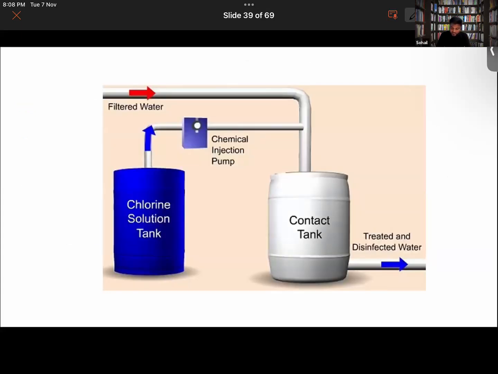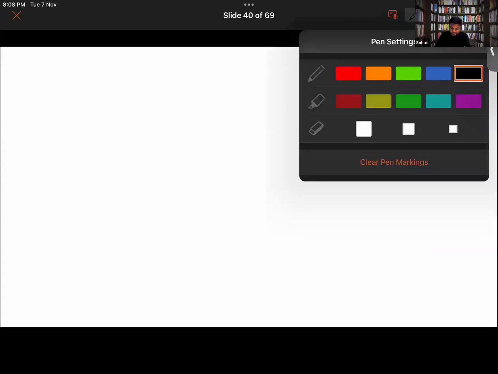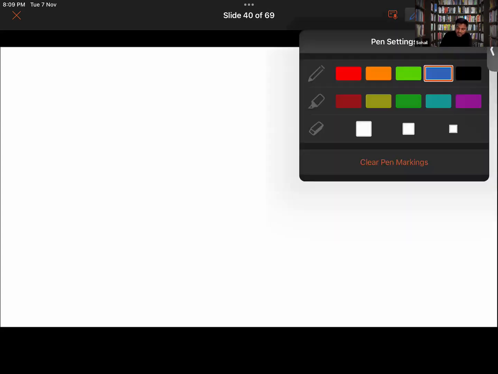Okay, this I will come to in a moment. Now, what is conservation of water? What is the concept of conservation of water? Anyone? Look here. By the word conservation, what do we mean?